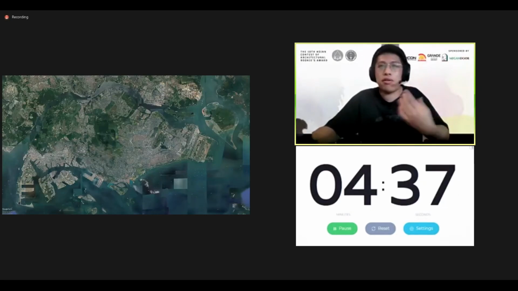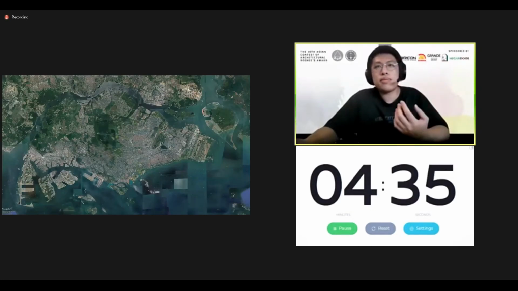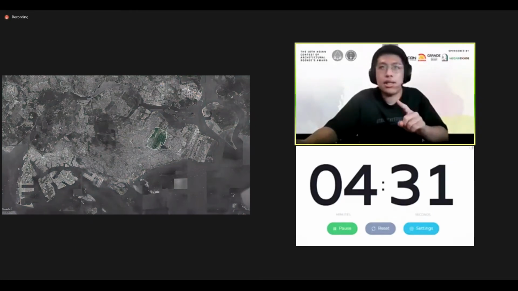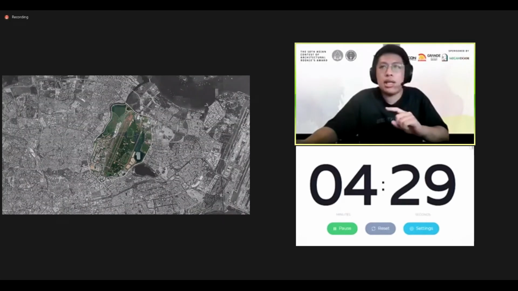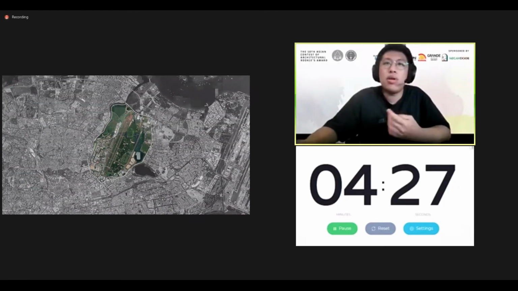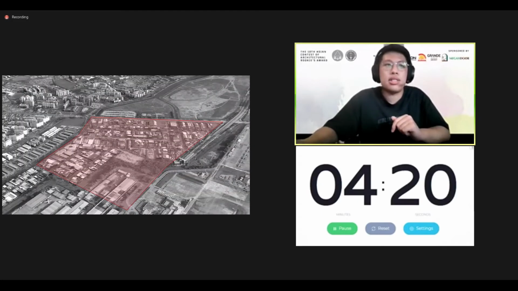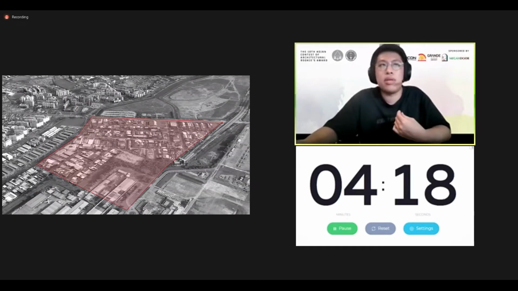To give you some context, this is Singapore. The project site is located in the pocket highlighted in the Paya Lebar airbase of Singapore, in the area demarcated by the red line. And this is the industrial estate where the project happens.